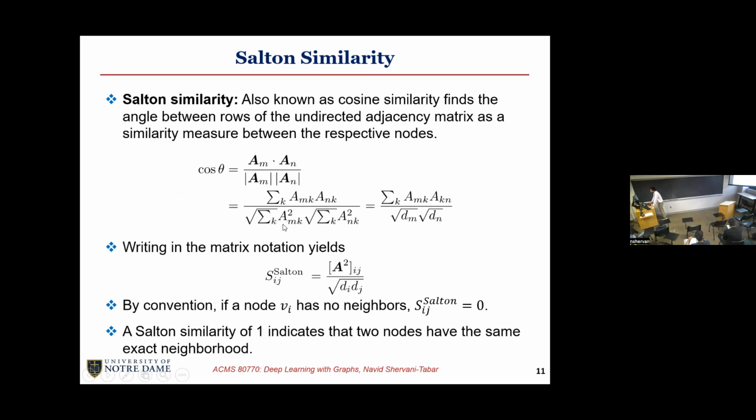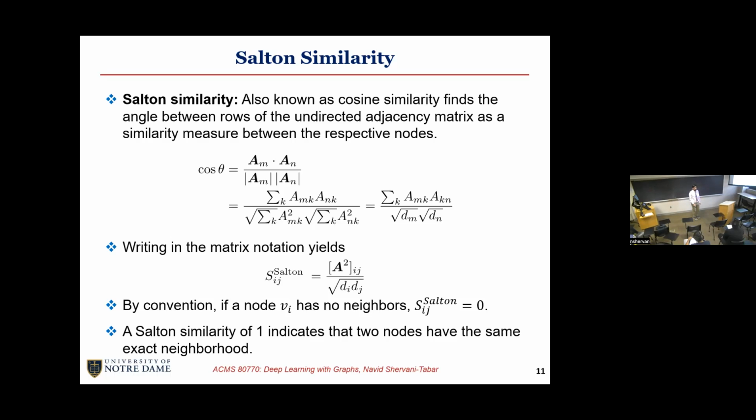Because the adjacency matrix consists of 1s and 0s, there is no difference between 1 squared and 0 squared and 1 and 0. So they're still 1 and 0. For that reason, we can get rid of this square here, and we're essentially summing over a row of the adjacency matrix.